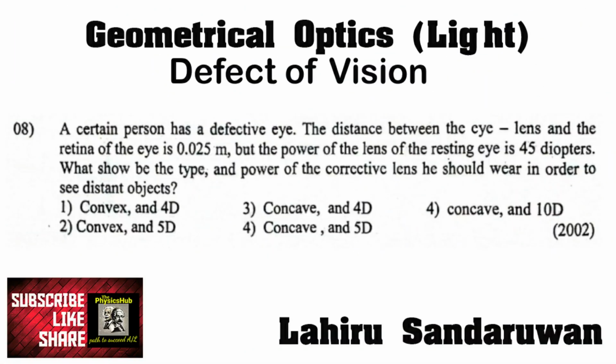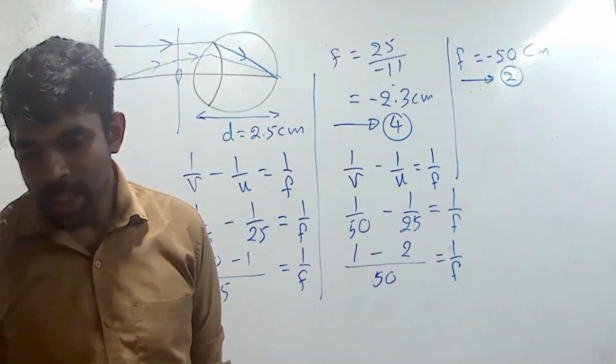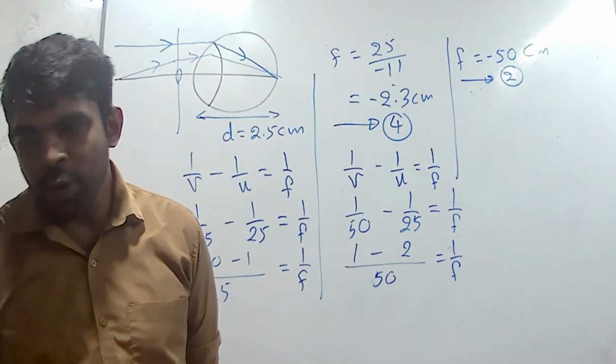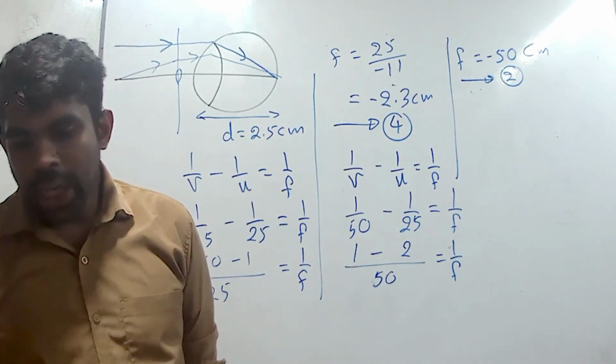A certain person has a defective eye. The distance between the eye lens and the retina of the eye is 0.025 meters. But the power of the lens of the resting eye is 45 diopters. What shall be the type and power of the corrective lens he should wear in order to see distant objects? We know that to see distant objects we have to wear convex lenses.